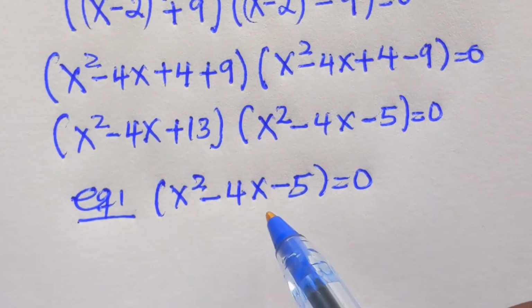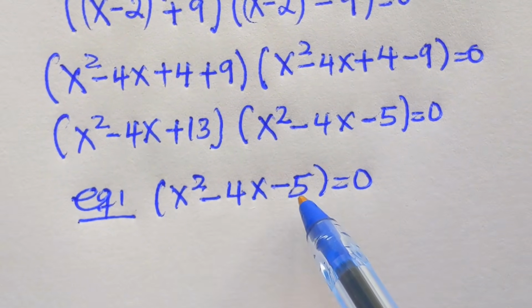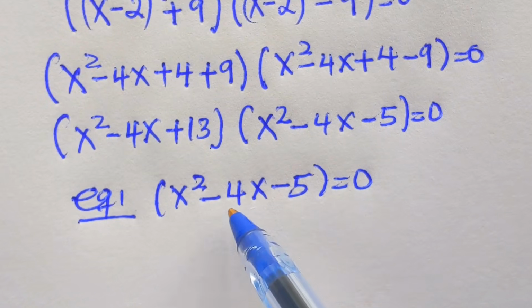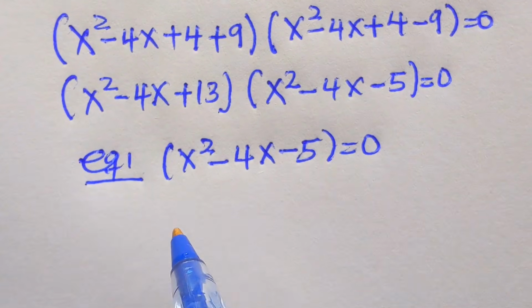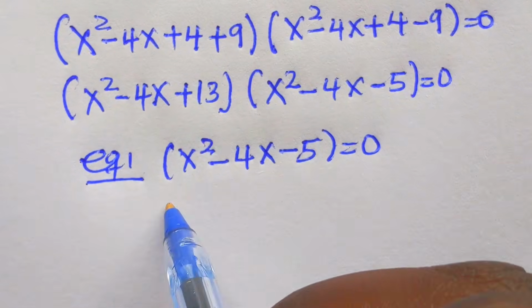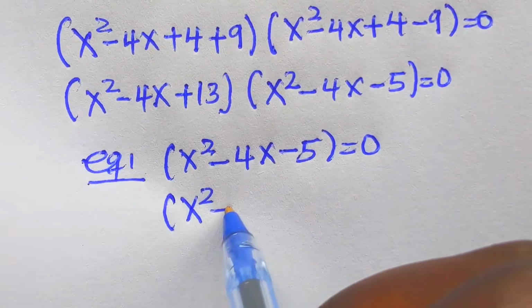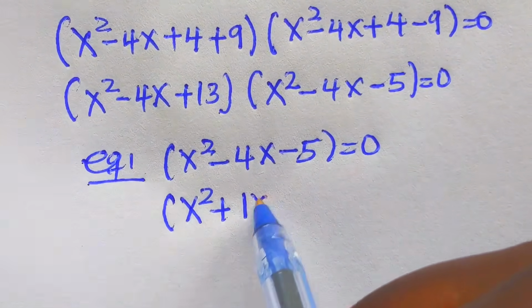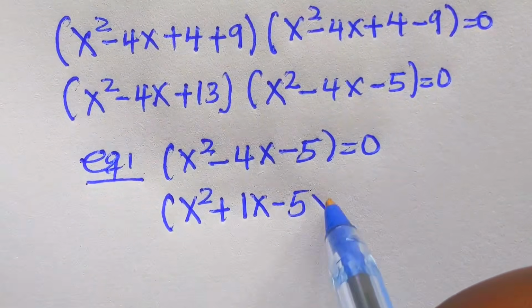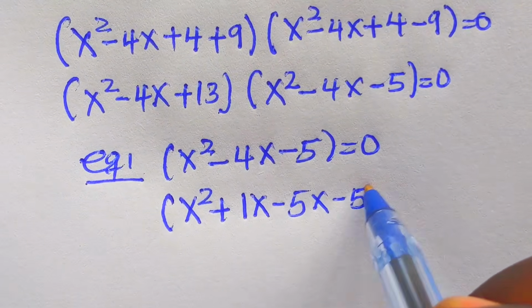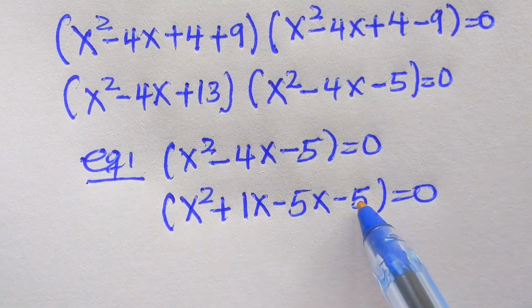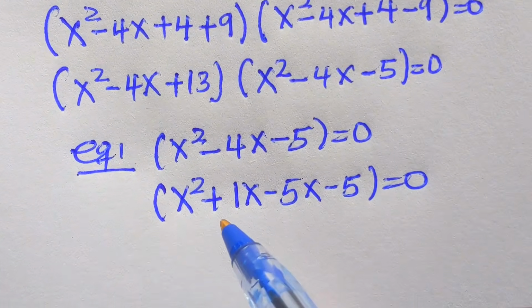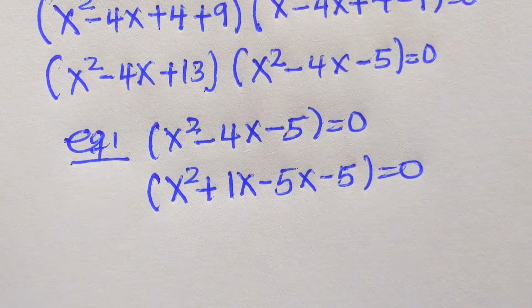Two numbers that multiply together to give negative 5, where their sum is negative 4, are positive 1 and negative 5, giving x^2 + x - 5x - 5 = 0. This one times this gives negative 5, and their sum is negative 4x.